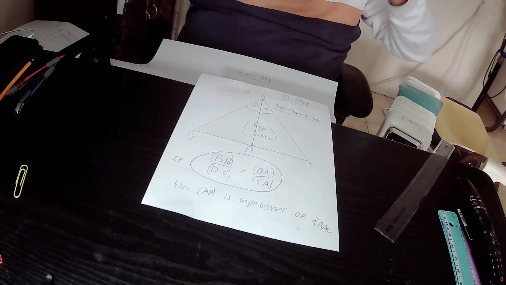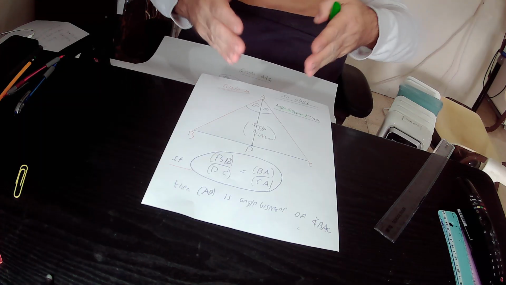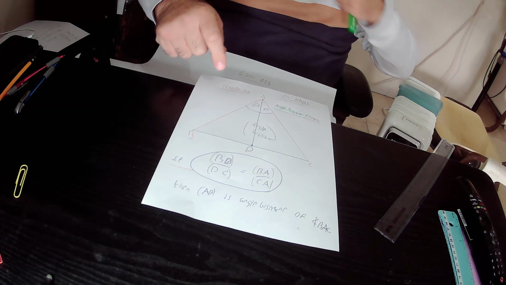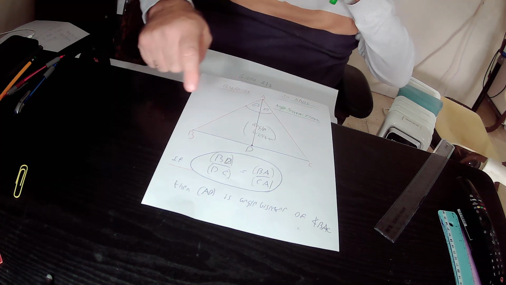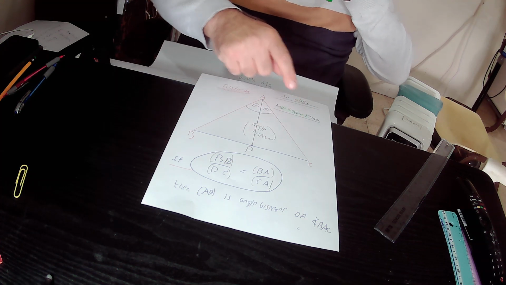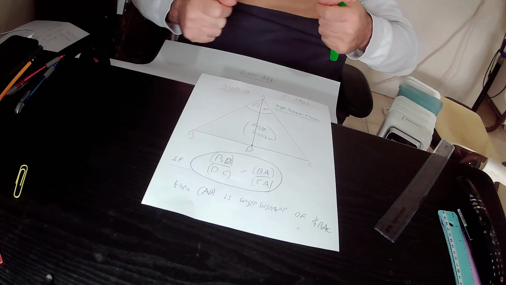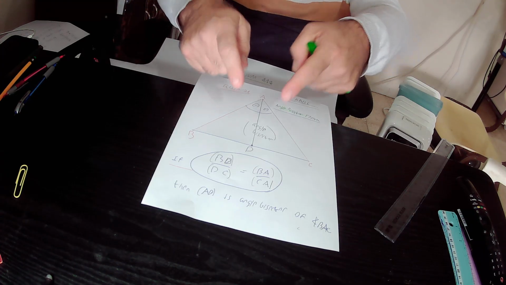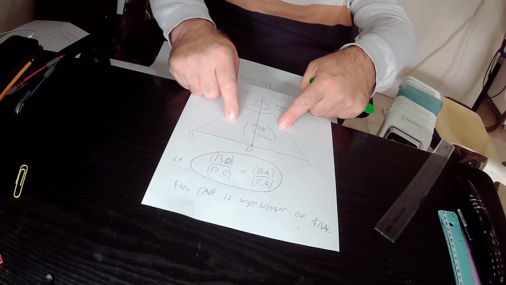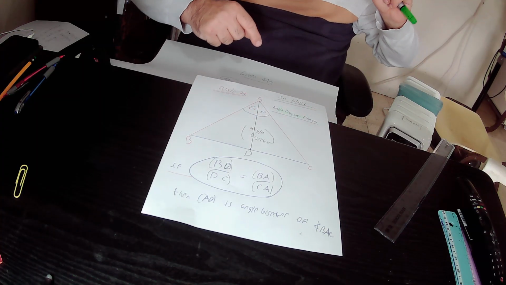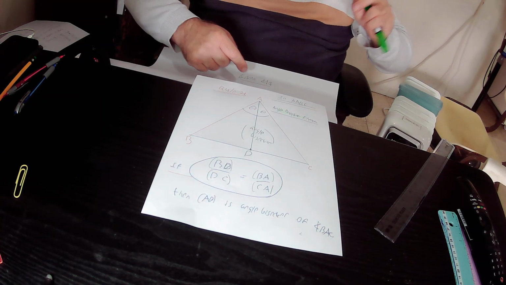Now we know that BD over DC equals AB over AC, and therefore we conclude that AD is the angle bisector of this triangle ABC.